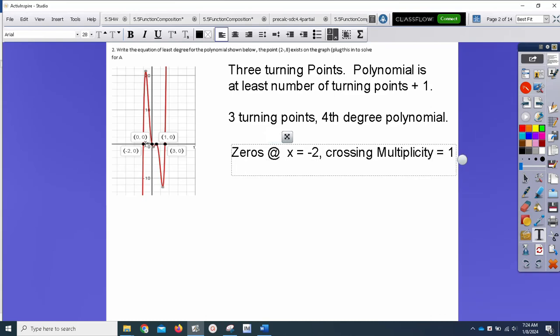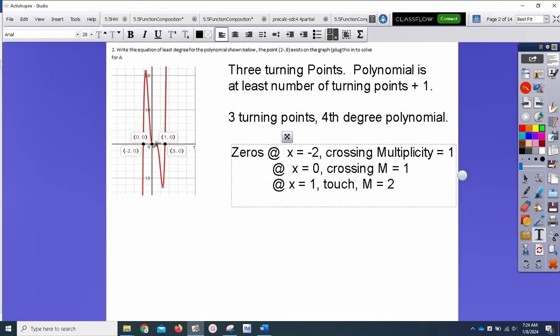I have another 0 at 0, also a crossing. Multiplicity is 1. I have another 0 here at 1. It is a touch, which means its multiplicity is 2. And I have another 0 at 3 right here, and it's crossing. So its multiplicity is 1.